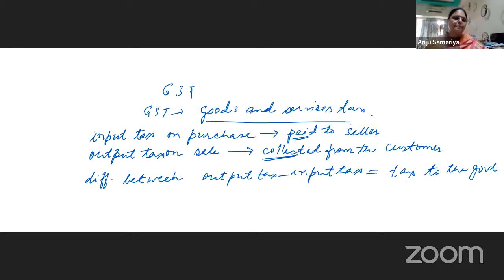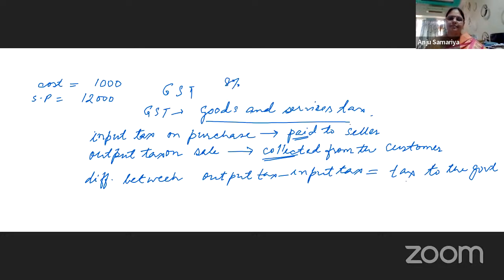Suppose my cost price for the TV set is, let's say, 10,000 rupees, and my selling price of the TV set is, let's say, 12,000 rupees. And let's take a small tax of 8%.